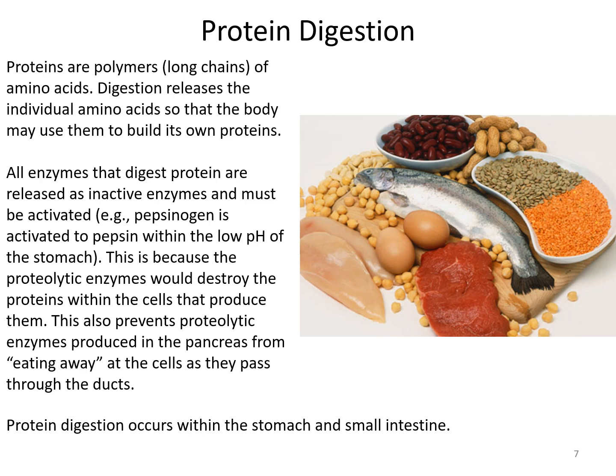So we release them as inactive enzymes, and then when they get where they need to go, where that area can handle them, they get cleaved into an active form, and from there they can start doing their job. The one we talked about in the digestive system was pepsinogen, which got converted into pepsin by the hydrochloric acid in the stomach, and then pepsin started to break down the proteins.